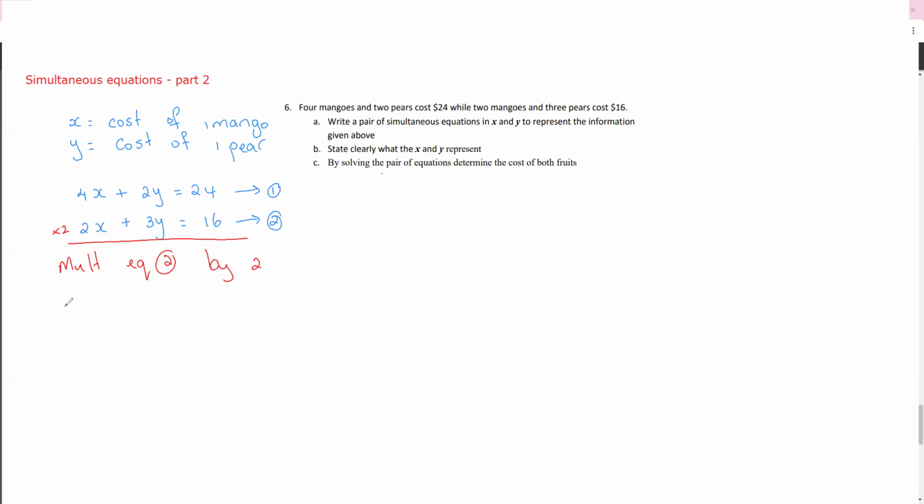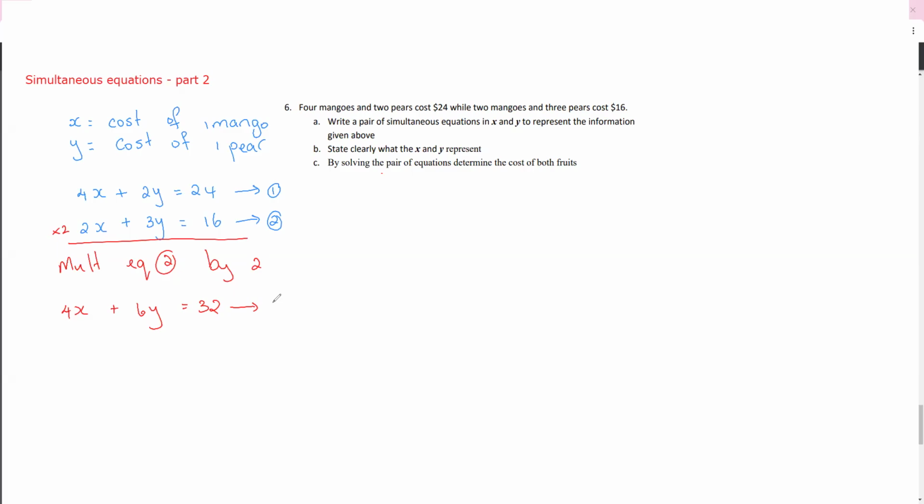So 2 2s are 4x, 3 2s are 6y is equal to 16 times 2, which is 32. So we just generated a new equation. It's called an equivalent equation.